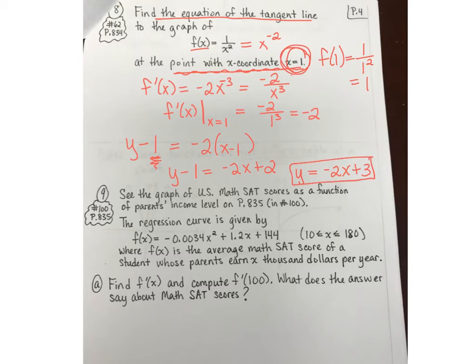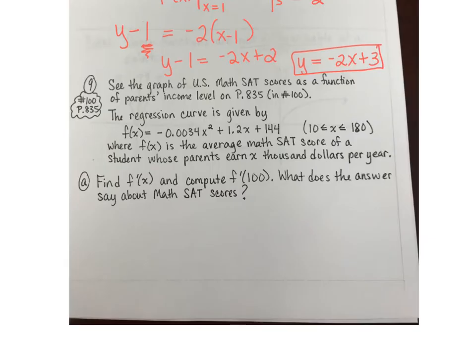Okay, now we want to move on to the next example. So it says, see the graph of U.S. math SAT scores as a function of parents' income level on page 835 in number 100. So make sure you look at number 100 in your book on page 835.